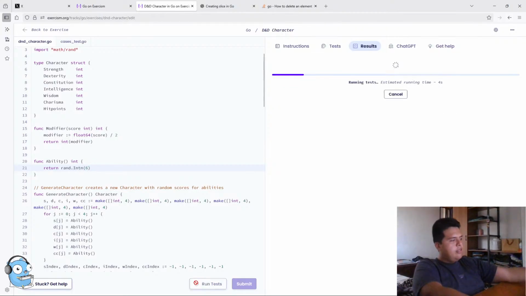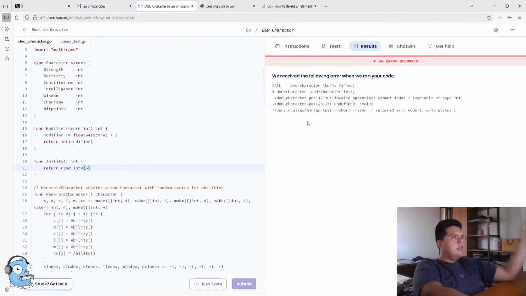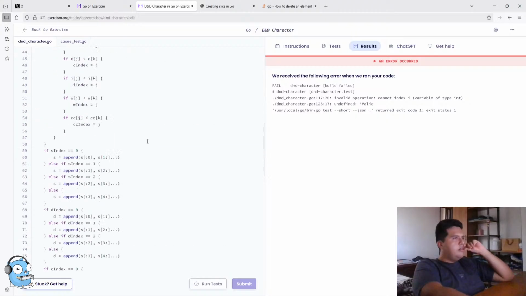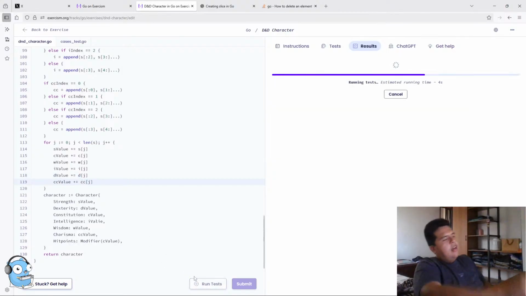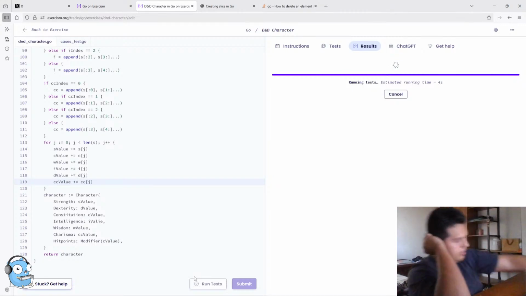But I know that the value operation I variable of type int. Ah man, I need the j value, not the I. And now it will work. I read something else. Undefined something.